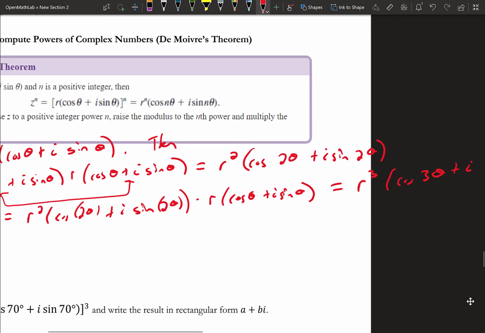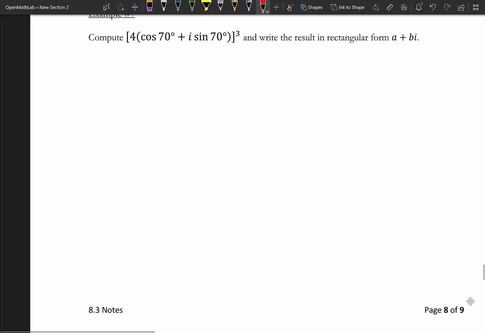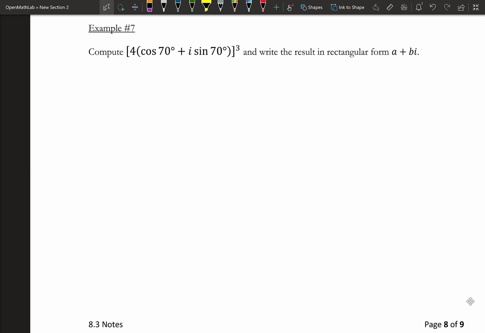You can keep doing this and see the pattern emerge. That's not necessarily a full proof, but it's just to get you thinking about that. Let's practice some examples of this, and then we'll call it a day. This video's getting long enough, I think.